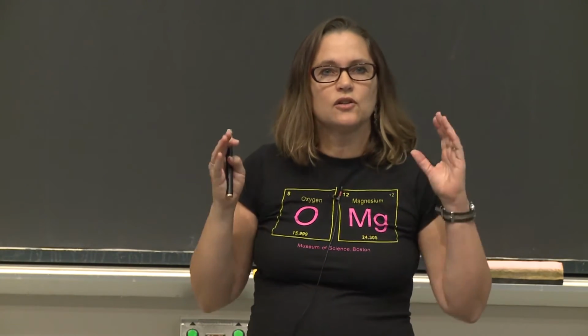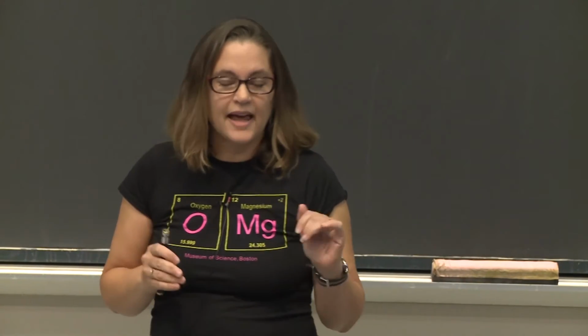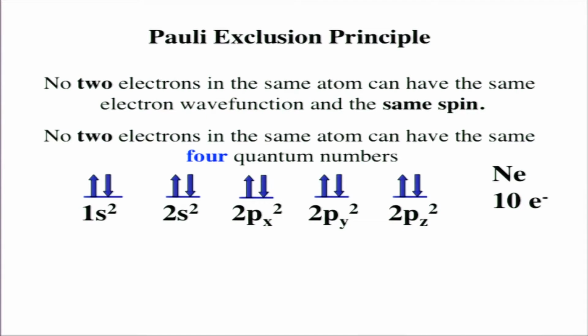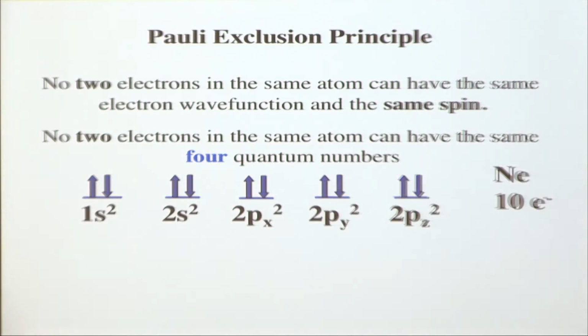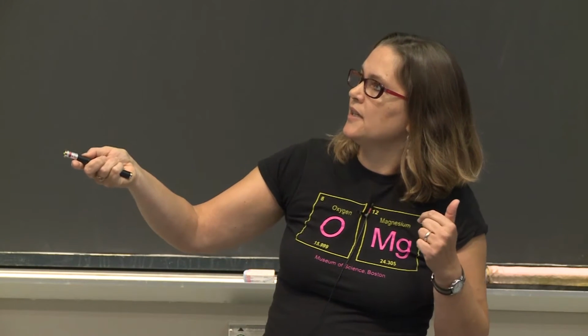So this final quantum number led to what we know as Pauli's exclusion principle, which is that no 2 electrons can have the same 4 quantum numbers. No 2 electrons can have the same spin, in other words. So if we are drawing a configuration for neon with 10 electrons, we're going to have, with 1 electron being up spin, the next one is going to be down.